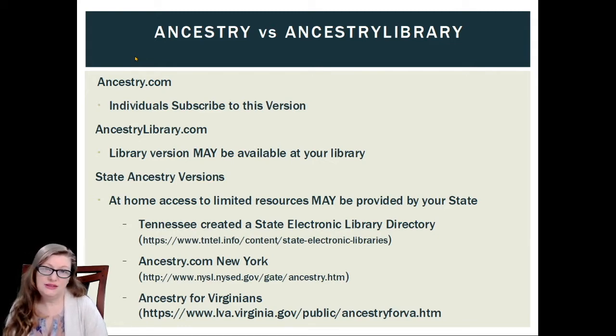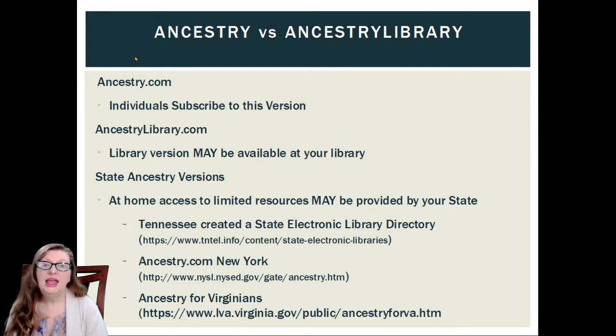Now I want to talk about the difference between the personal subscription you may have for Ancestry and the subscription a public library or an institution might have, which is Ancestry Library. So they both have similar information, but how you access it is a little bit different. If you have a private subscription to Ancestry, you can look at it anywhere with your username and password.